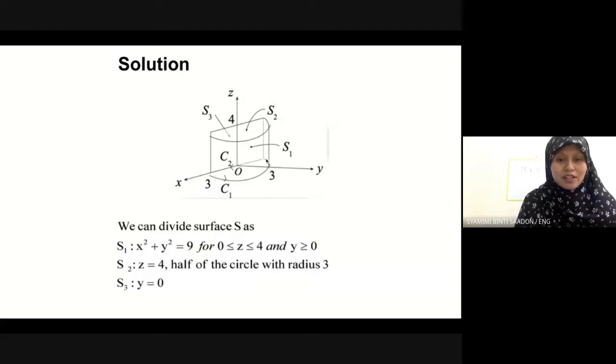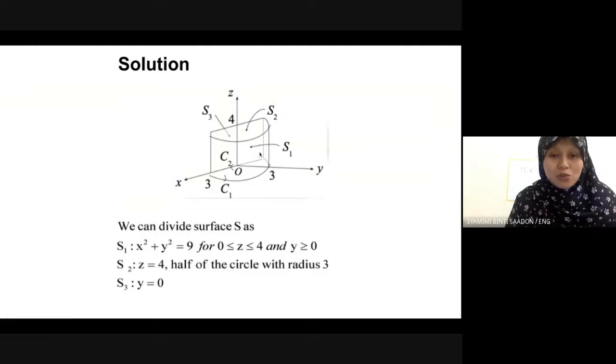It's the circle, which is valid for z from 0 until 4, with y positive, so only the right hand side part. Then S2 is z equals 4, a half circle with radius 3, and S3 is y equals 0.